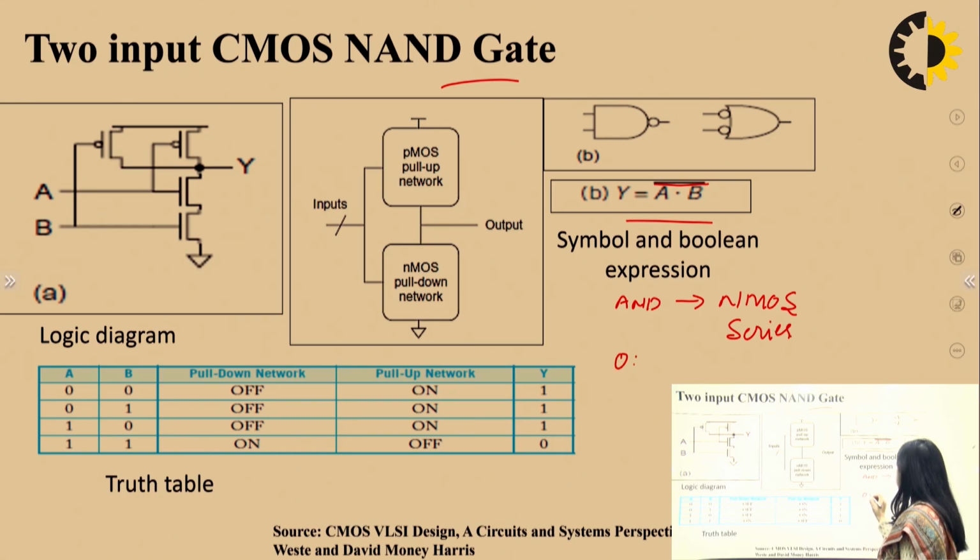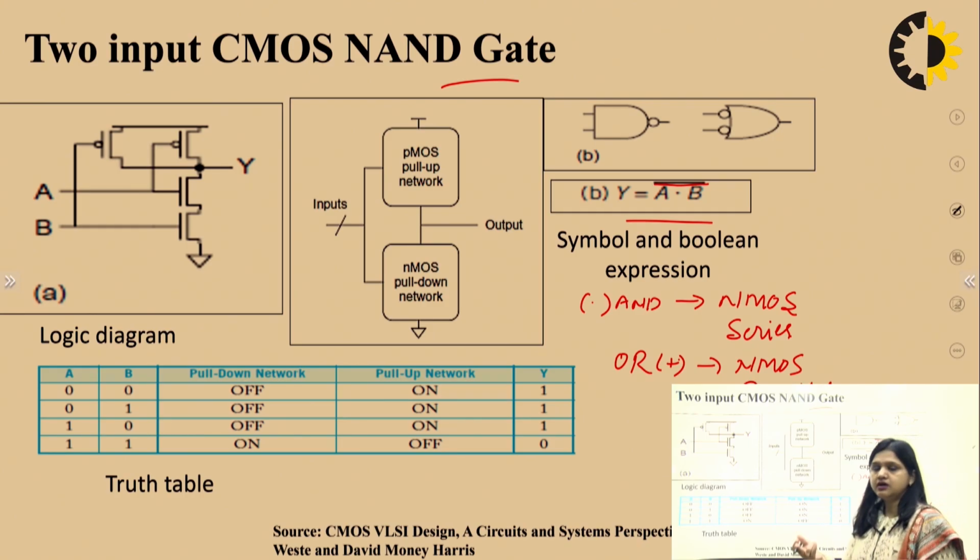Whereas for OR operation, OR means the plus sign, AND means the dot operation. If there is an OR operation, then NMOS must be connected in parallel. And for PMOS, the duality property is applicable. I mean to say, in case of AND operation, parallel connection; in case of OR operation, series connection.